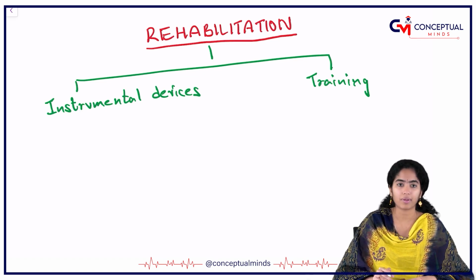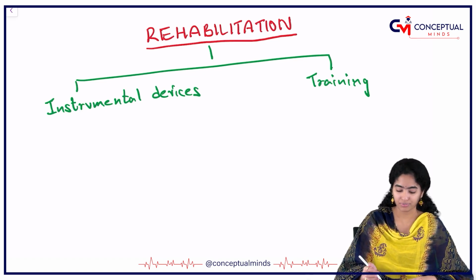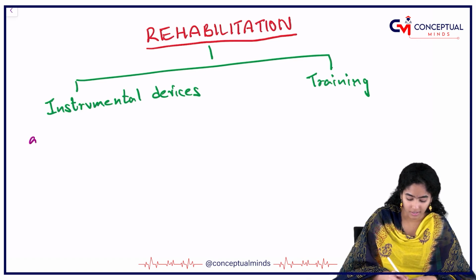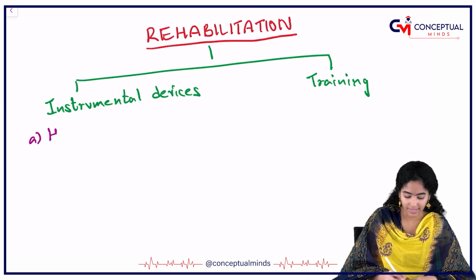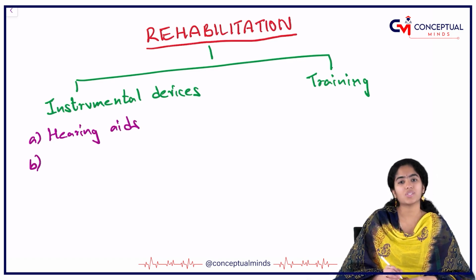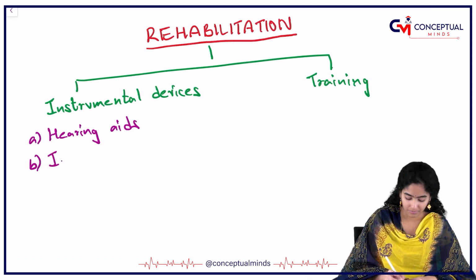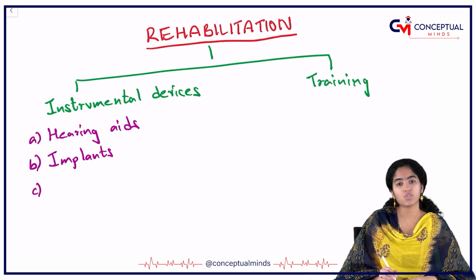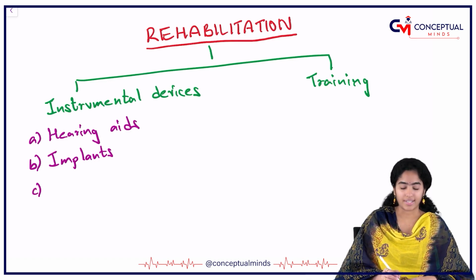So in instrumental devices, we again have three categories, and they are: first one is hearing aids. Second one is using some implants. And the last one is assistive devices.